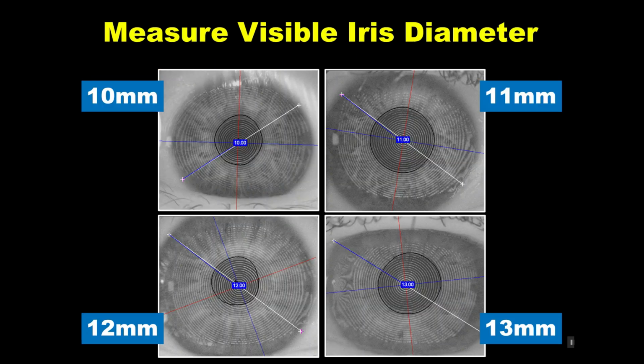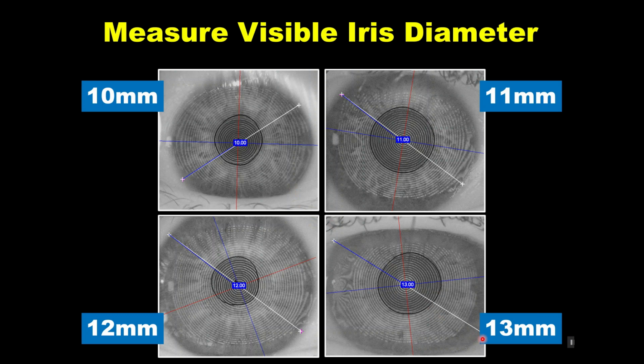Now, another helpful metric from the topographer is the visible iris diameter, and understanding when do we want to use smaller lenses to achieve the best possible comfort? When do we want to use larger lenses to achieve the best possible comfort and centration?